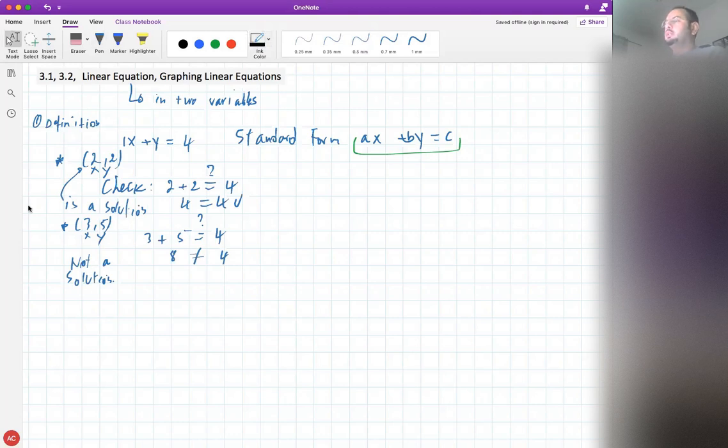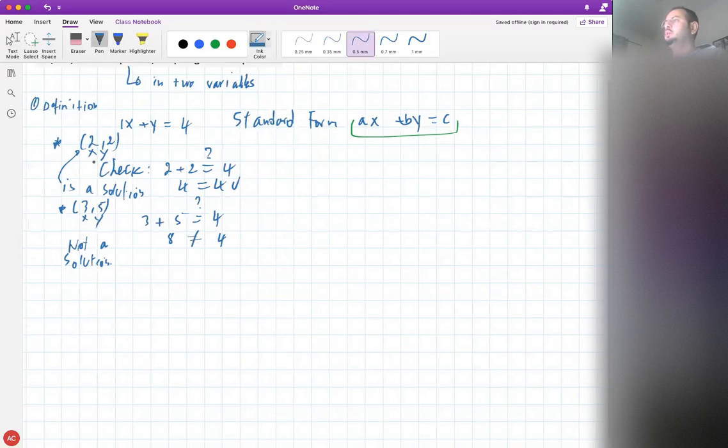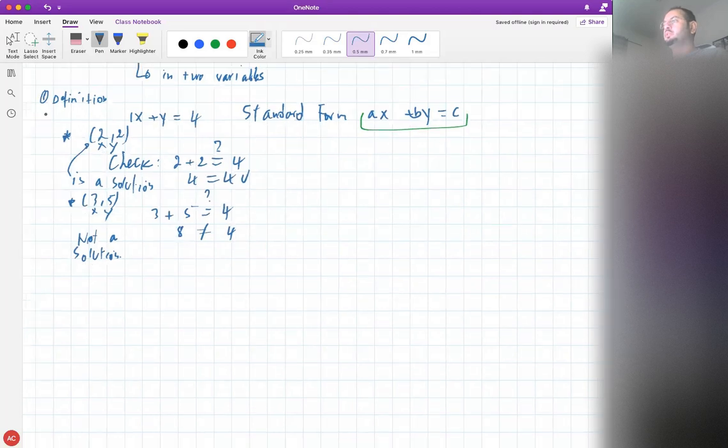That's basically how we can check solutions. We may give you an equation and a couple of pairs and ask you to check whether a pair is a solution to the equation. So here's another example. We give you another equation, for example, 2x minus 3y equals, I don't know, maybe 7.